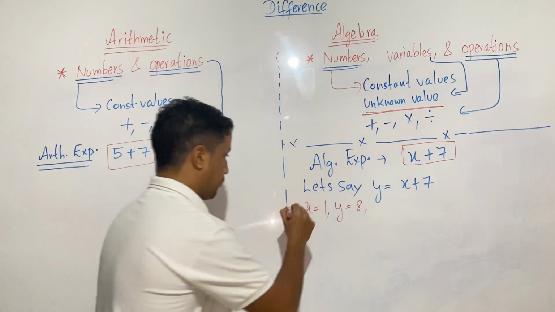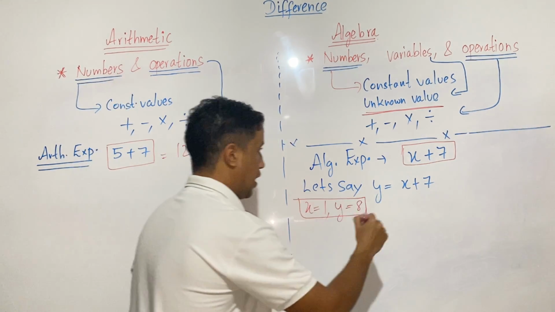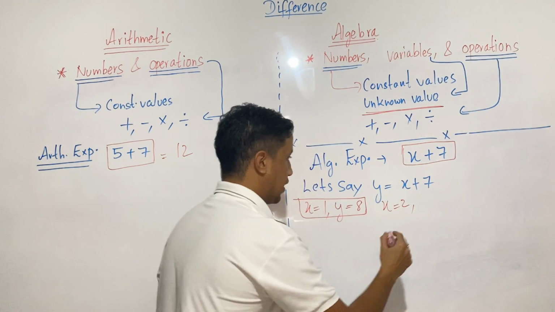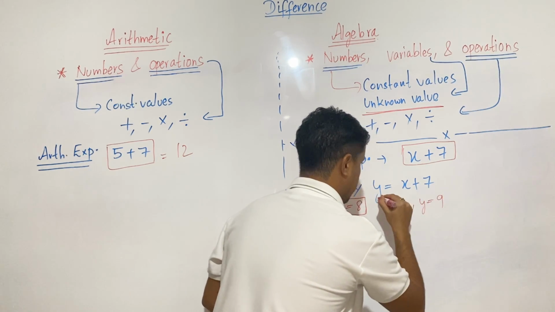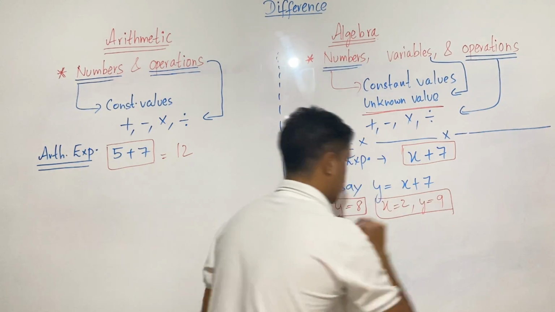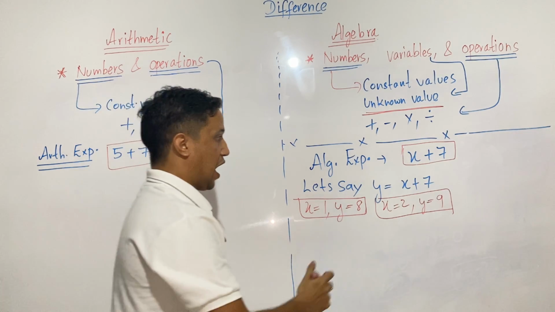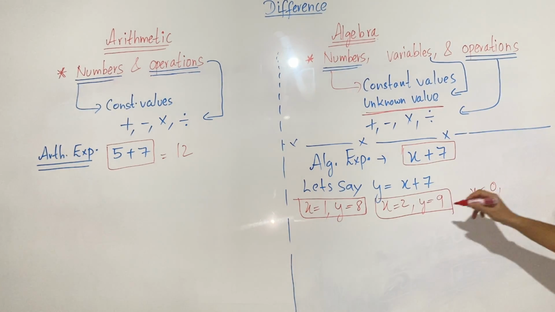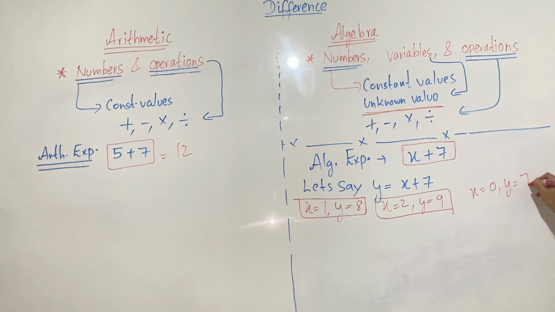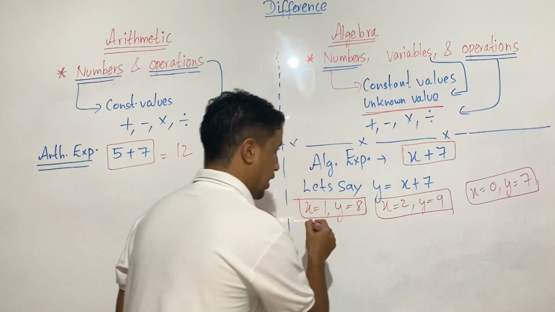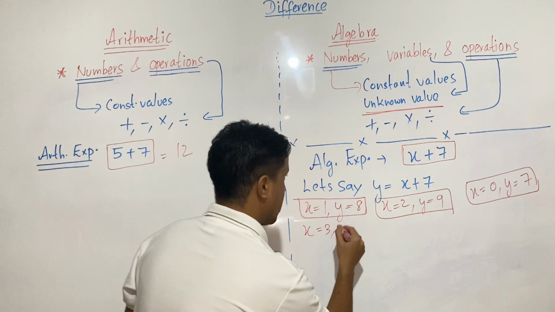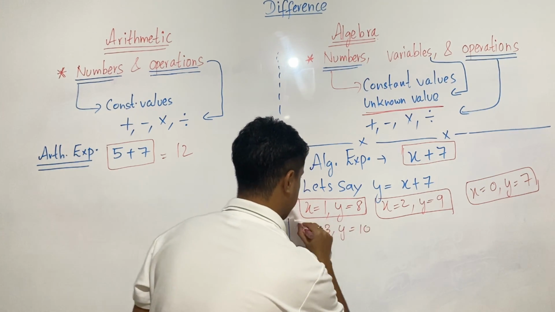If I put x equal to 2, then y is going to be 9. If I put x equal to 0, y is going to be 7. If I put x equal to 3, y is going to be 10.